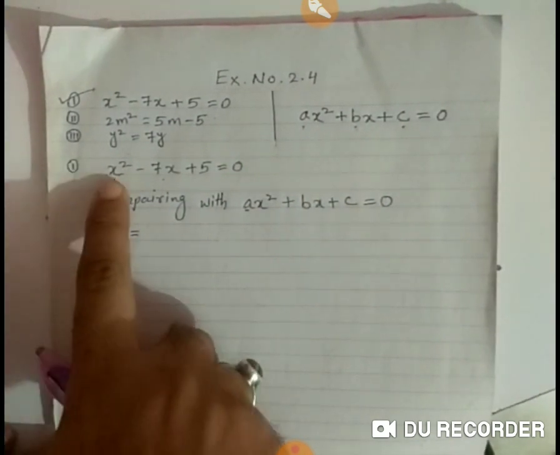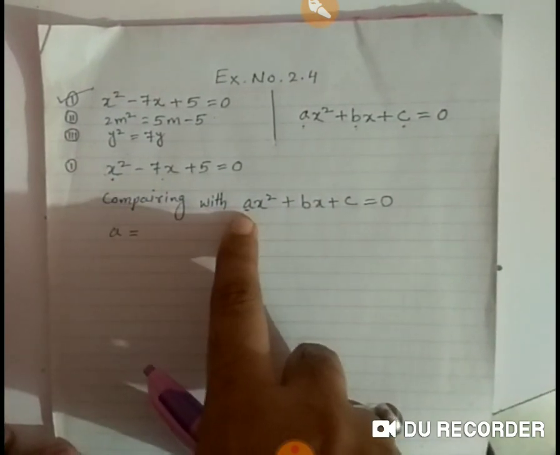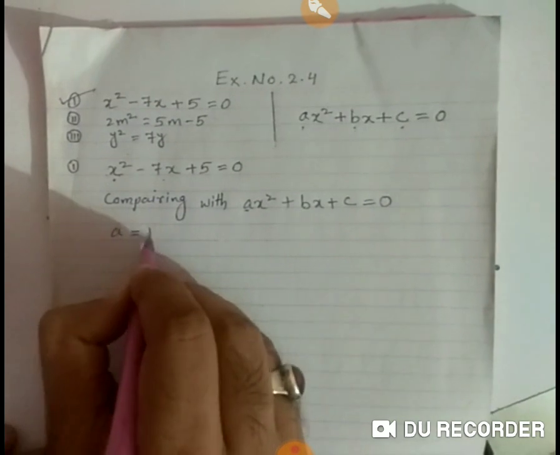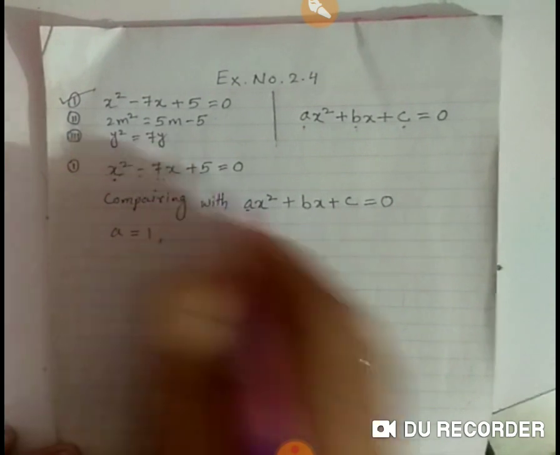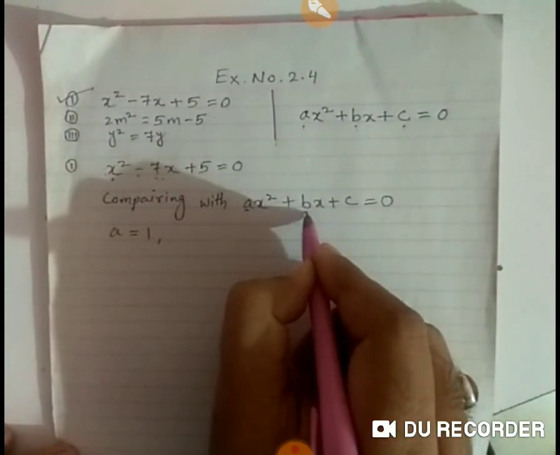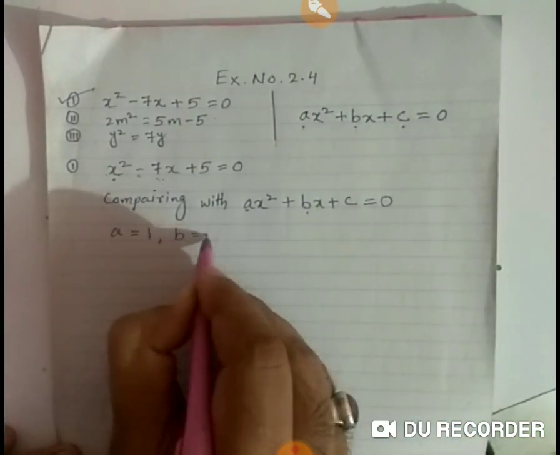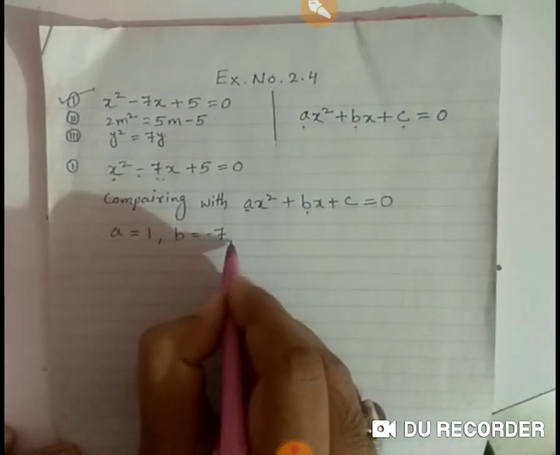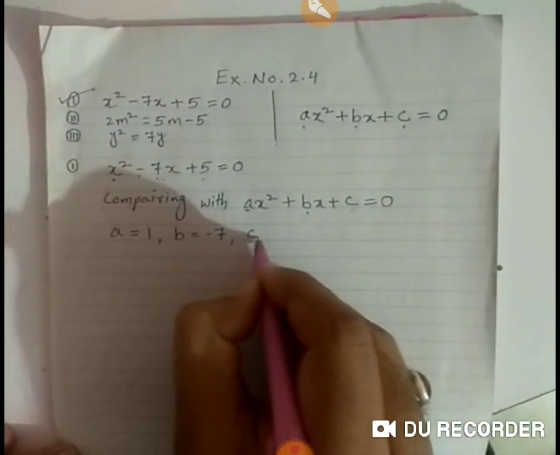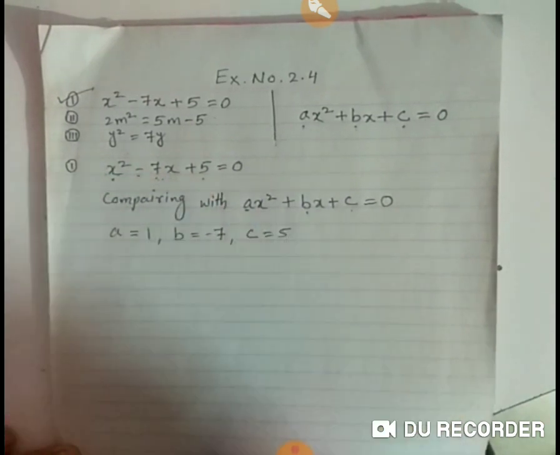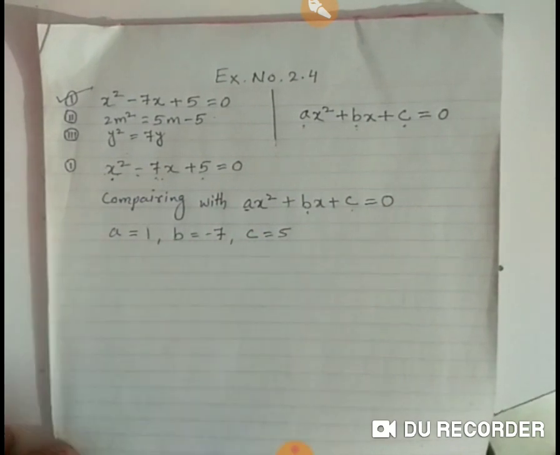So in the first term, the coefficient is 1 and a is the coefficient of the first term. So you can say a is 1. Similarly, this minus 7 is the coefficient of the second term, that is b. So b is minus 7. Same way, c is the coefficient of the third term and the third term is plus 5. So this is the value of a, b and c.